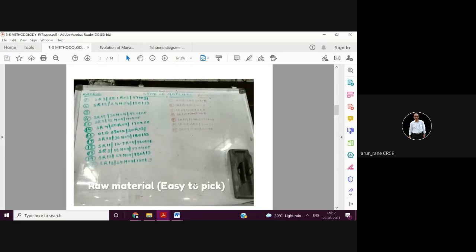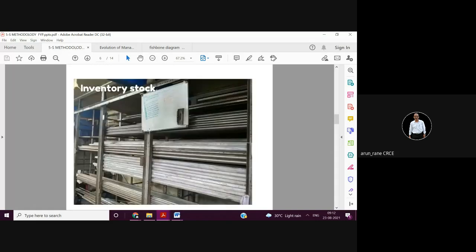This is how the raw material location has been displayed. What is where it is and what is the stock. So round bars as per the diameter and as per the material, that is EN8, MS, EN24, EN36, have been stacked on different racks, and it can be color coded also.